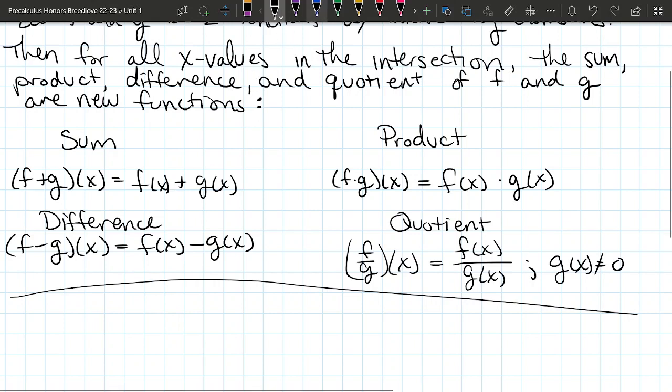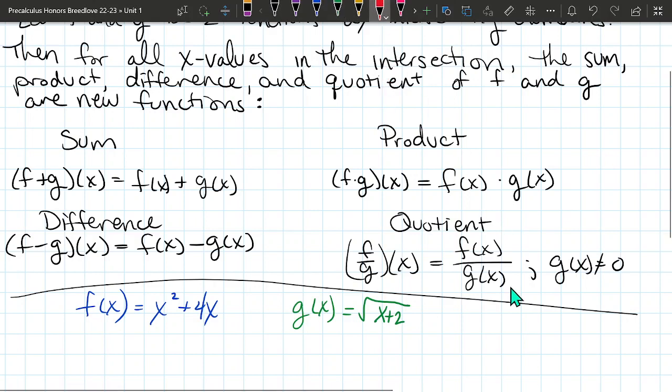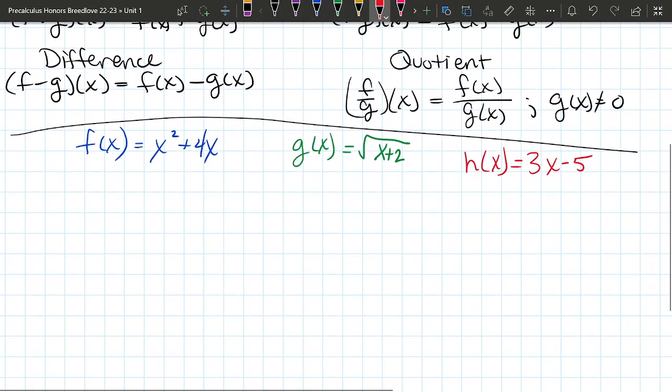We're given f of x, and we're going to use these functions for all four operations. f of x equals x squared plus 4x, g of x equals square root of x plus 2, and h of x equals 3x minus 5. All right, so those are the three functions we're going to use for the examples.